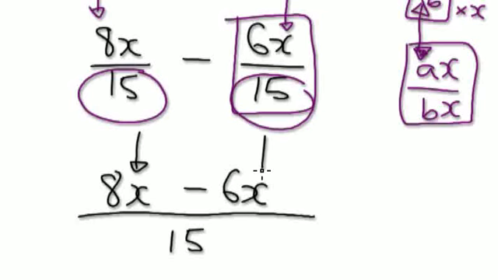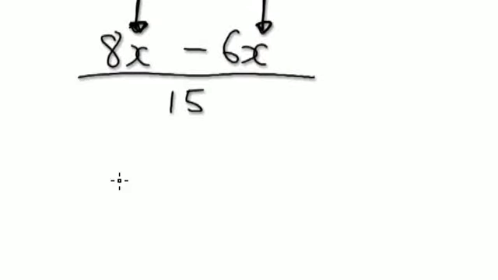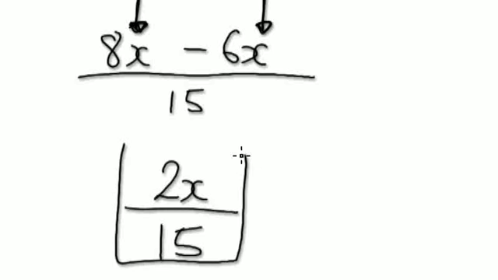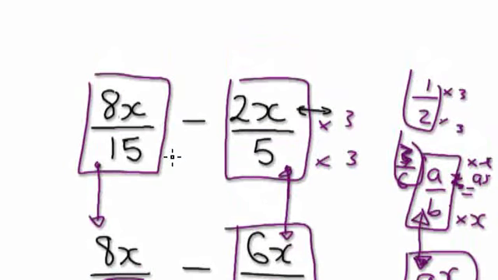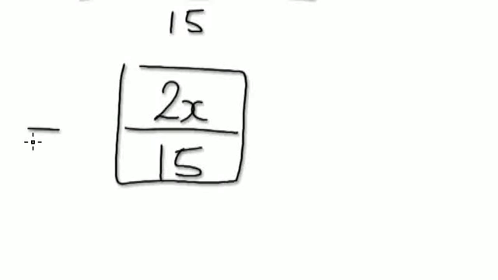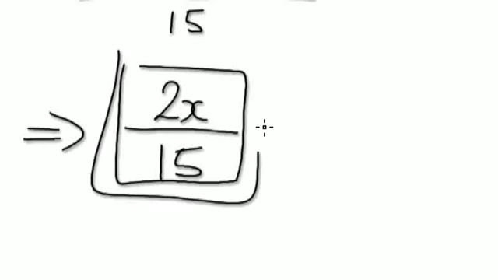Same entity here, so we can merge the two. It's like saying 8 elephants minus 6 elephants. Rather than leaving it like that, just say 2 elephants, so 2x over 15. So this will be your final fraction. If you leave it as two fractions, it looks ugly. So let's just merge the two together, and it becomes a nice, neat one fraction.